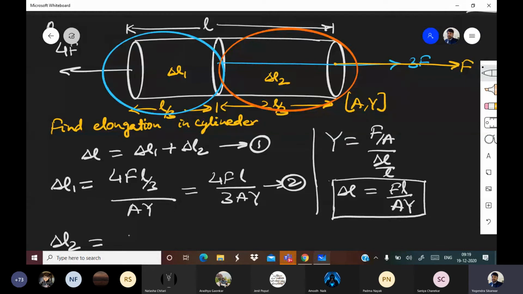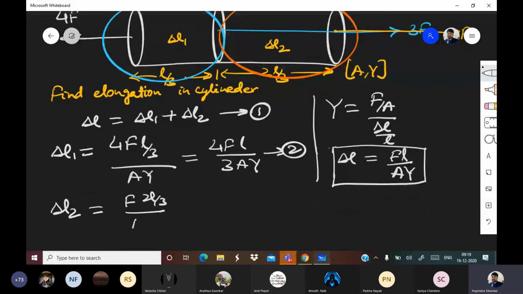So delta L2 is equal to F into L, where L is 2L by 3, upon AY. So that becomes 2FL upon 3AY. Right, so that is equation number 3.